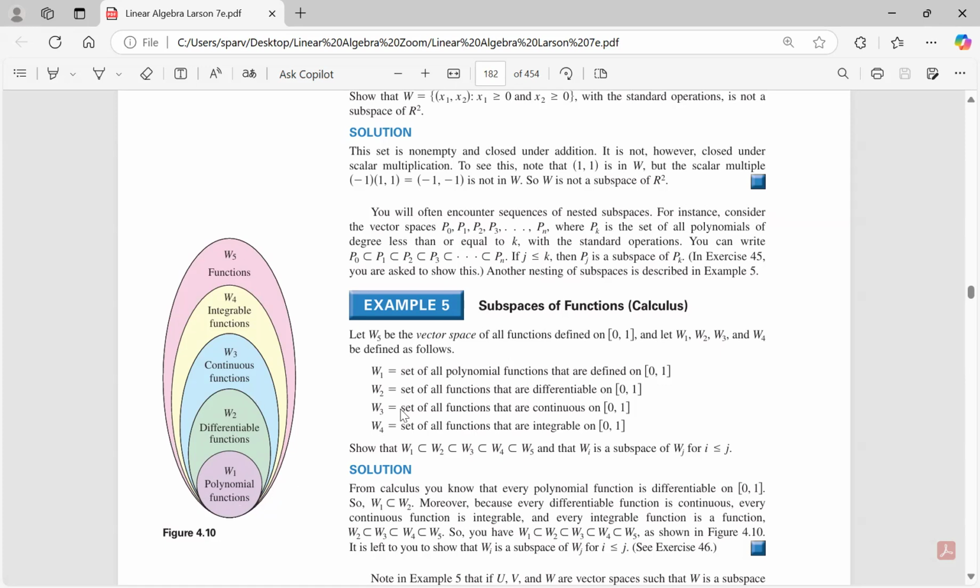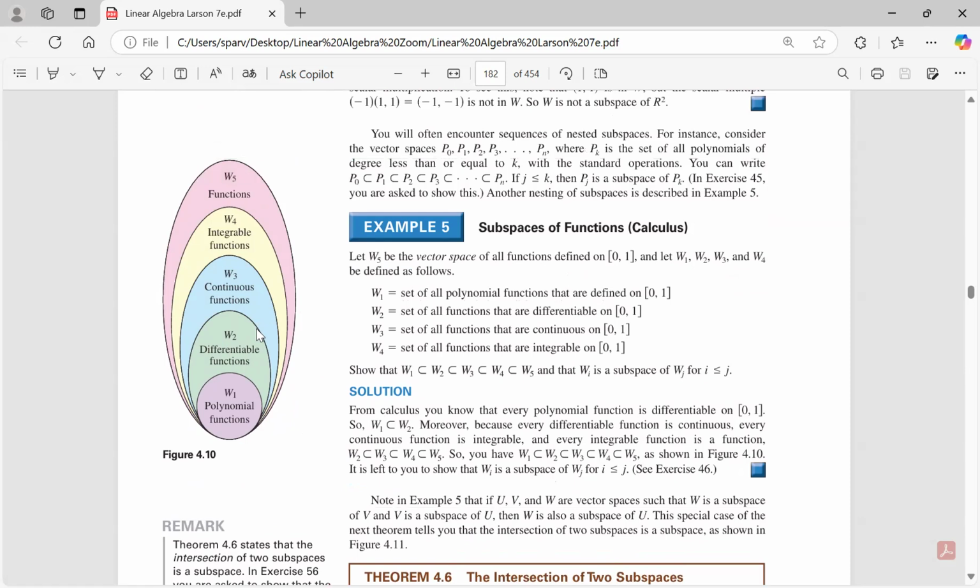Okay. Then he defines W3 to be functions that are continuous. Well, all differentiable functions have to be continuous. And W4 is the set of all functions that are integrable. Integrable functions are a subset of functions, but not every function is integrable, correct?